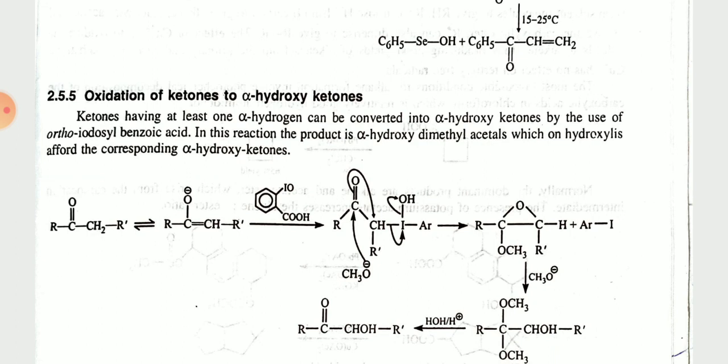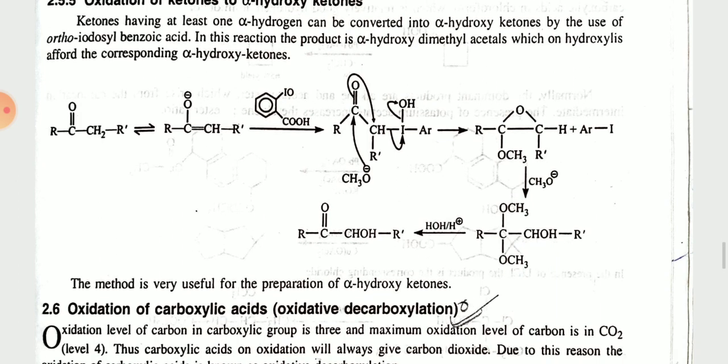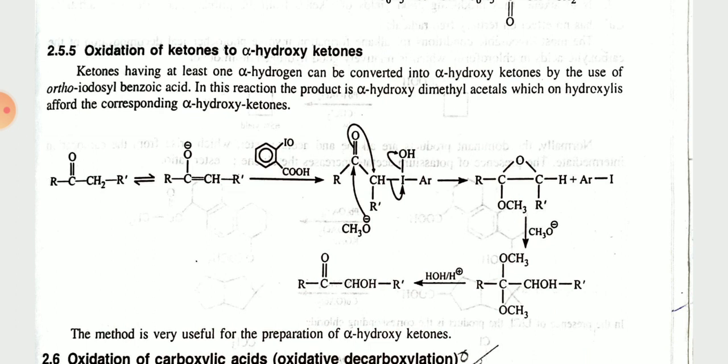Okay, in this reaction the product is alpha hydroxy dimethyl acetal, which on hydrolysis gives the corresponding alpha hydroxy ketone. This is the mechanism of alpha hydroxy ketone. First, 1 mole of oxygen is removed and the compound rearranges, and it will give RC CO negative double bond CH R dash.